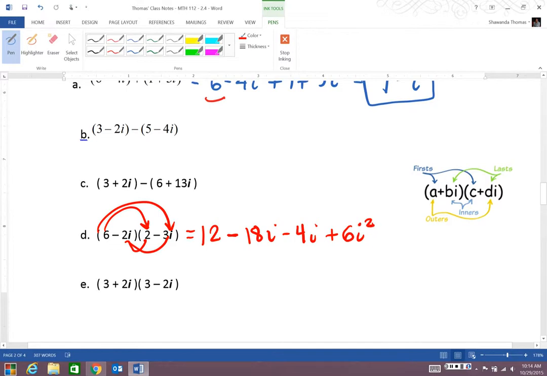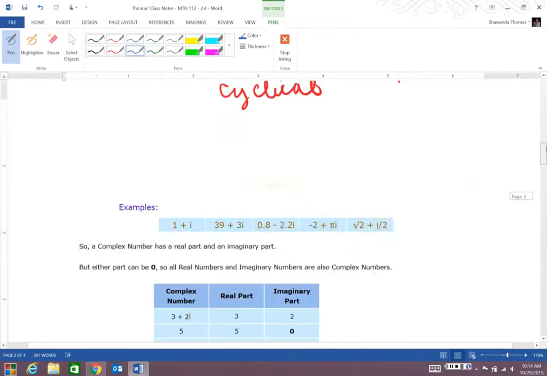So here's where we get into something that's new to you. We know that i squared equals what? Do you recall what i squared equals from the first page? Let me go back to the first page to show you.